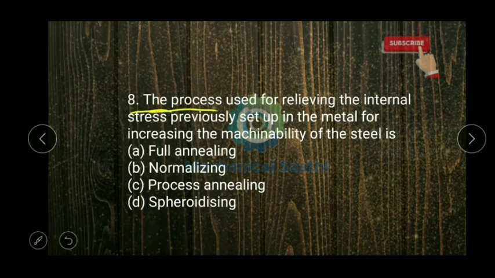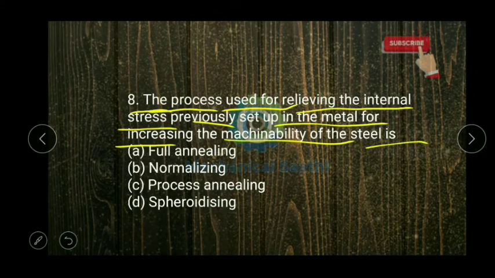The process used for relieving the internal stress previously set up in the metal for increasing the machinability of the steel. So options are given like full annealing, normalizing, process annealing, or spheroidizing. If we see, all these are heat treatment processes.